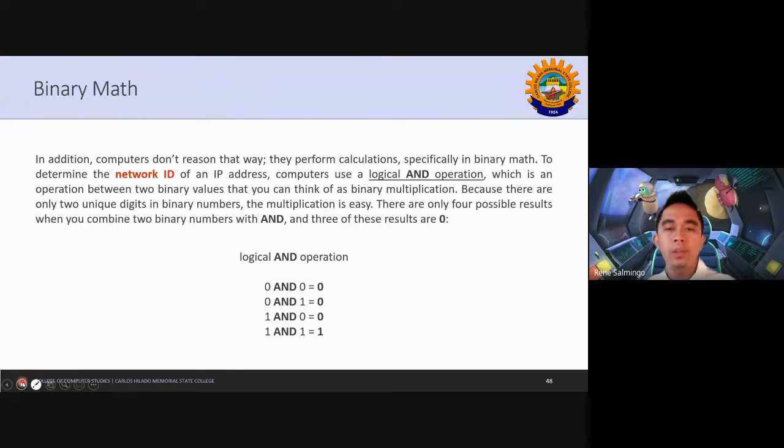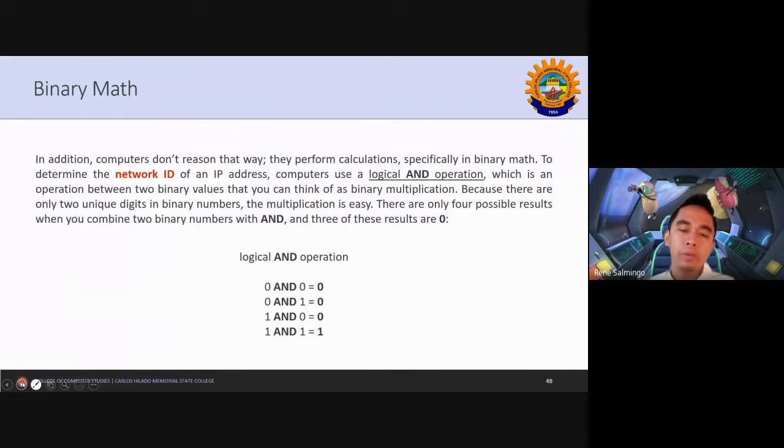And now we have this question also related to your topic. What is logical AND? Logical AND is a term that in our logic, if you have 0 and 0, the computer will have an output of 0. If you have 0 and 1, you will have 0. If you have 1 and 0, you have 0. And if you have 1 and 1, you have logic 1, and this makes it true.